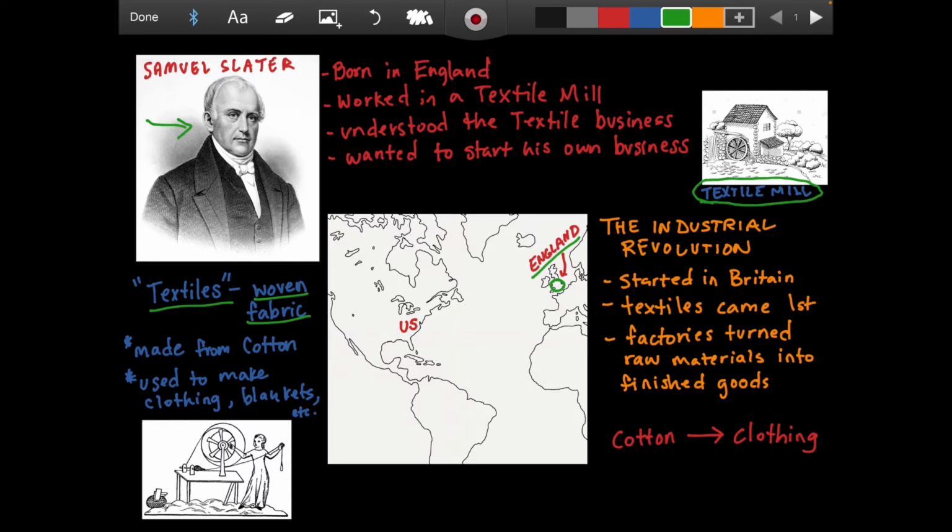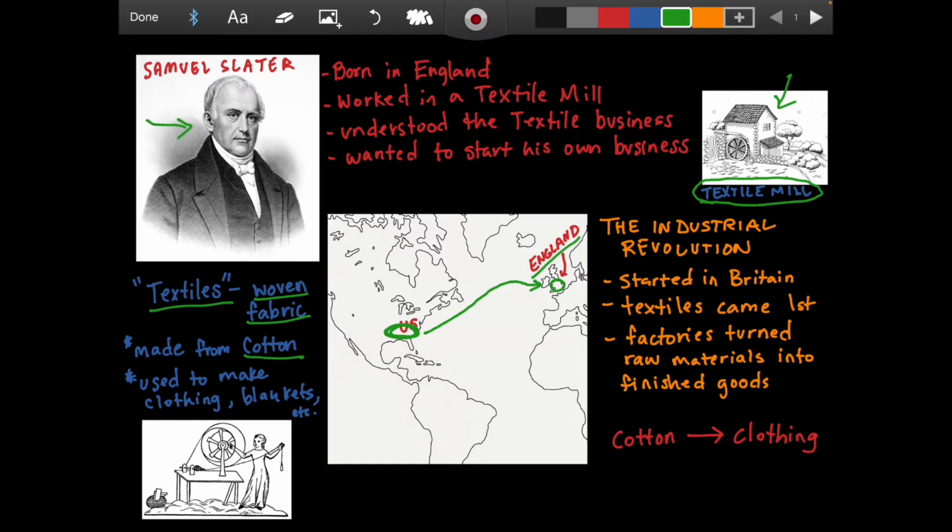Fabric is made from cotton. Most of that cotton was produced in the United States, in the southern United States. It was sent over to England, where inside this textile mill, they would take raw cotton and turn it into thread.